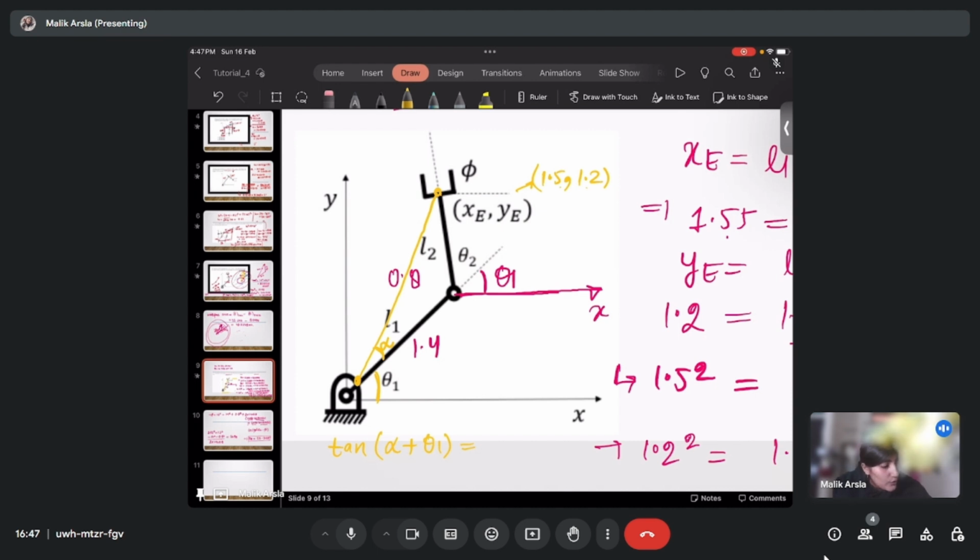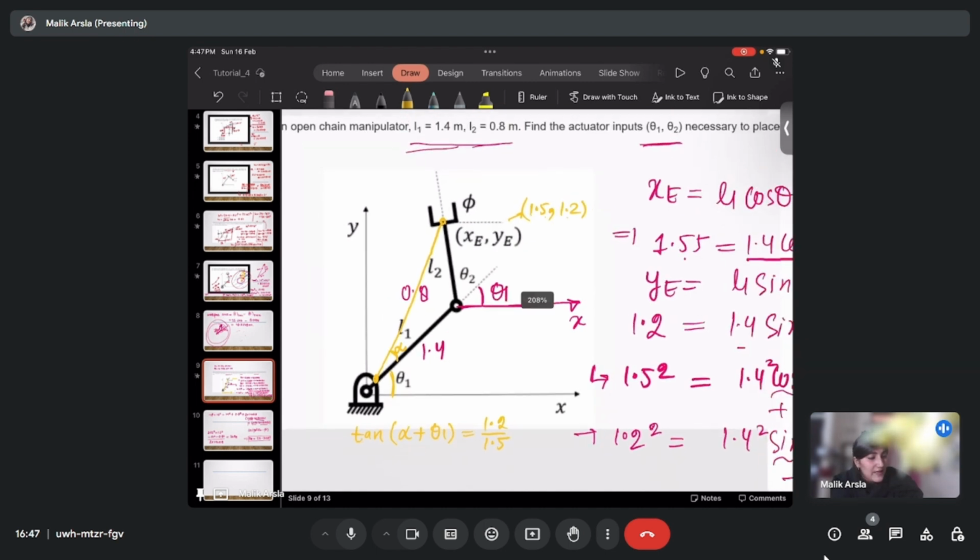So perpendicular is 1.2. Do you agree with this? Now from here we can find theta 1, but the condition is that alpha should be known. So how can we find alpha?